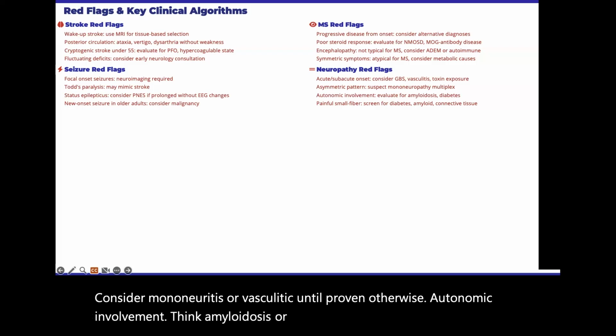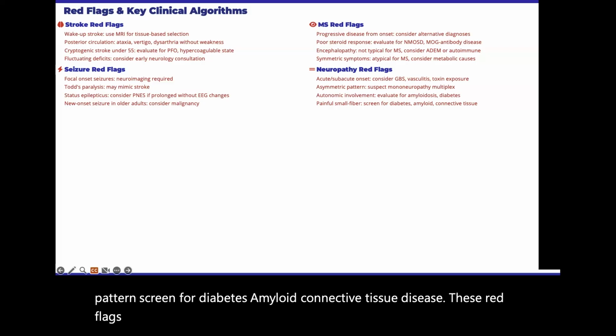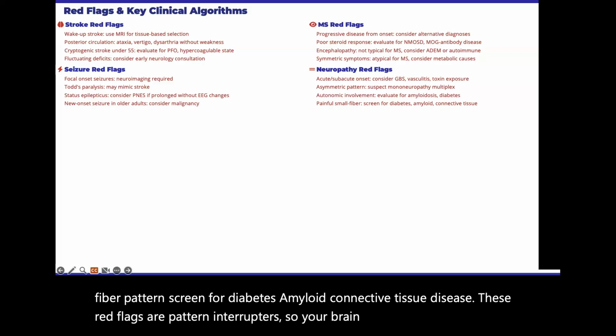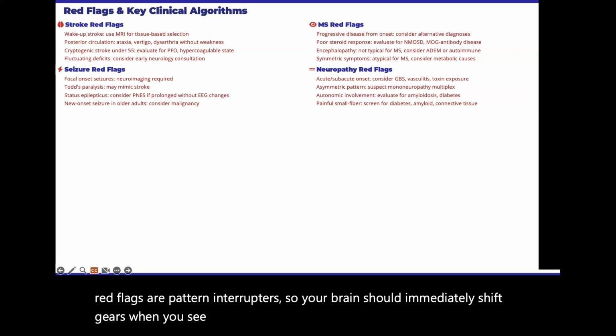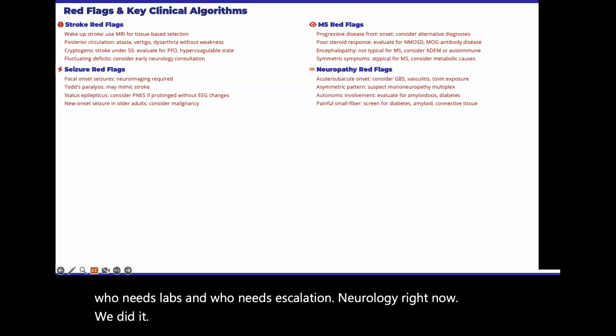Painful small fiber pattern, screen for diabetes, amyloid, connective tissue disease. These red flags are pattern interrupters, so your brain should immediately shift gears when you see them. They help you decide who needs imaging and who needs labs and who needs escalation to neurology right now. We did it. All right.